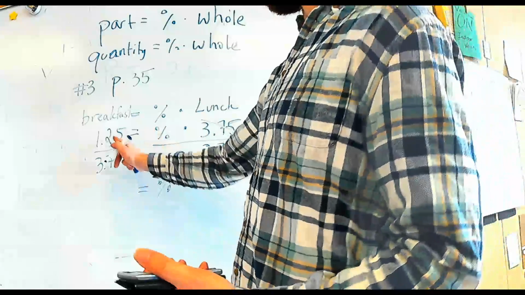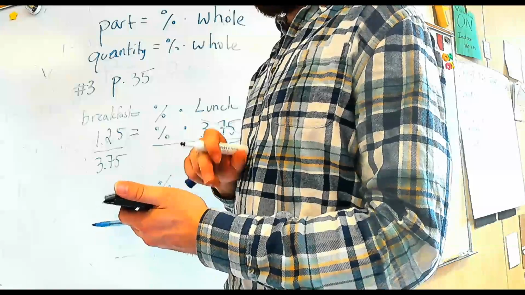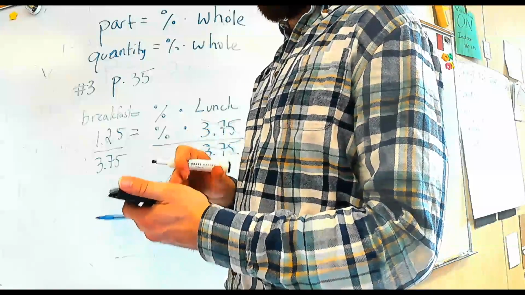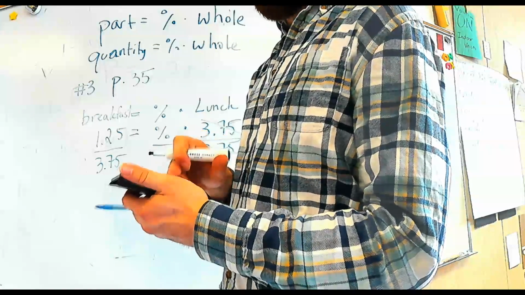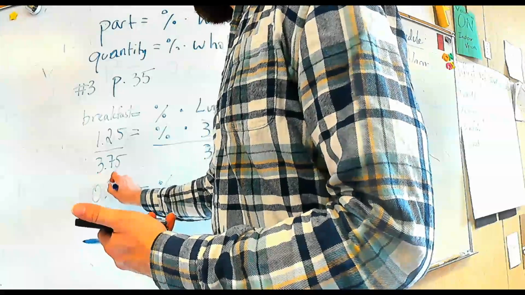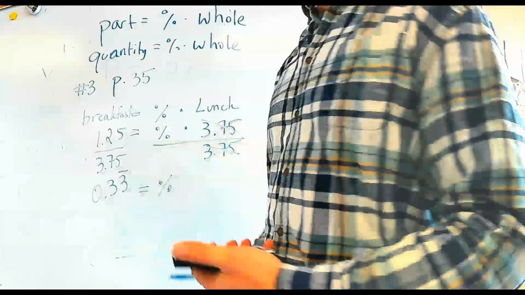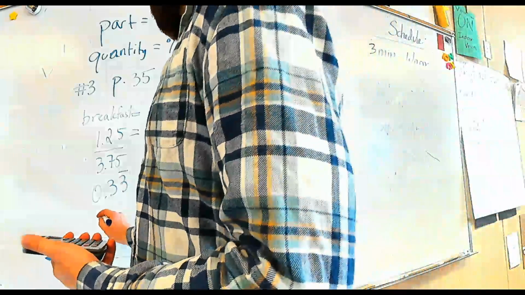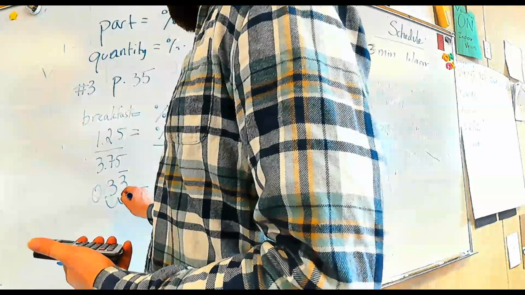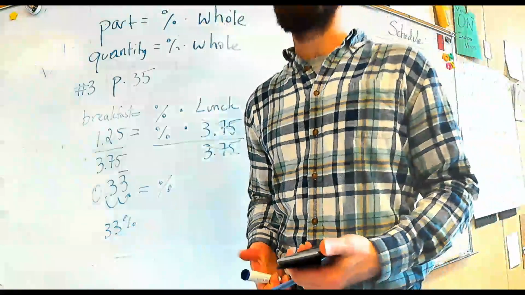On the left side, we have $1.25 divided by $3.75. Let's see what that equals. I get 0.33333333. That's 1/3. Let's move the decimal 2 times to the right: 33%, rounded to the nearest 1.